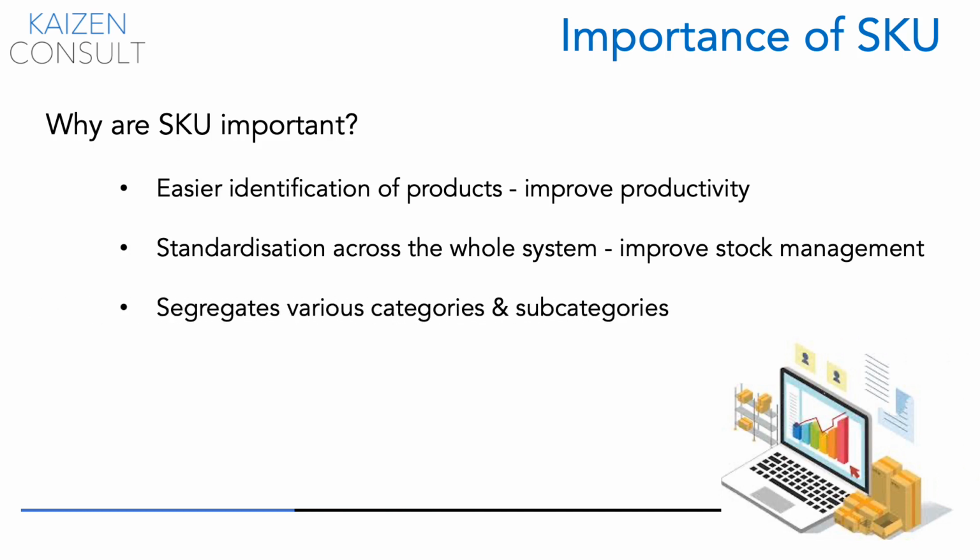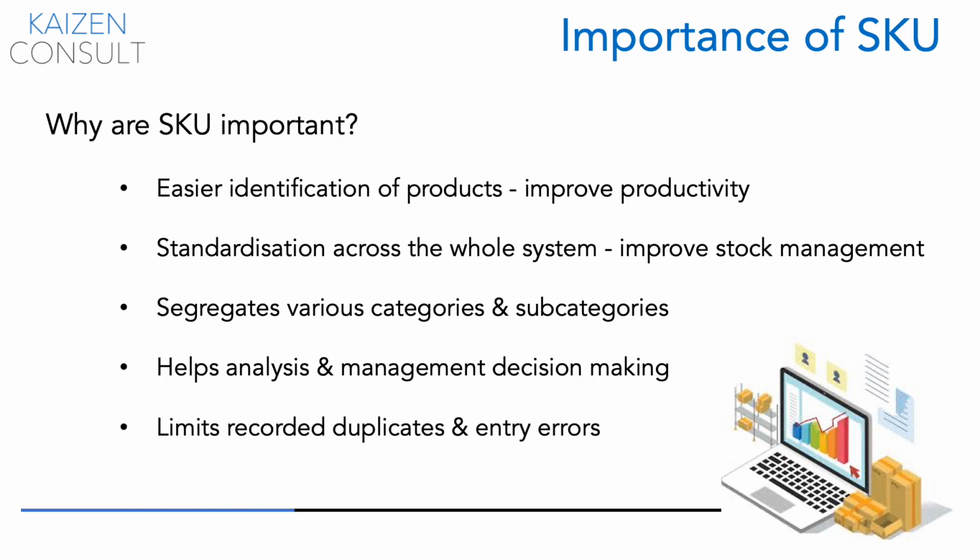They segregate various categories and subcategories by sorting and filtering. It helps standardize analysis and management decision-making by fostering quality control and management. It limits recorded duplicates and entry errors, which ultimately improves client satisfaction.